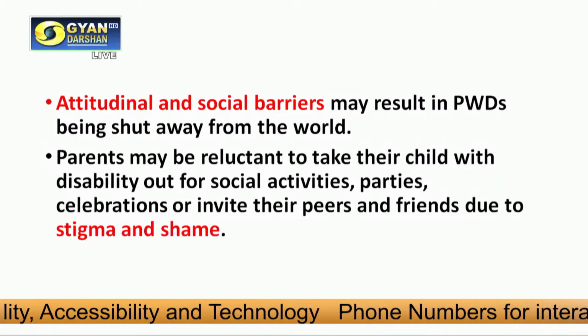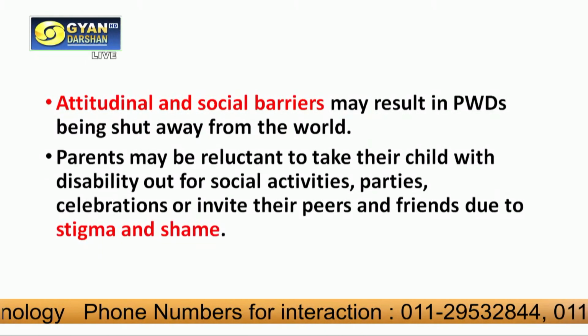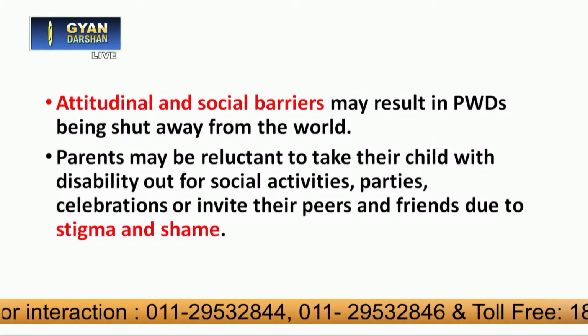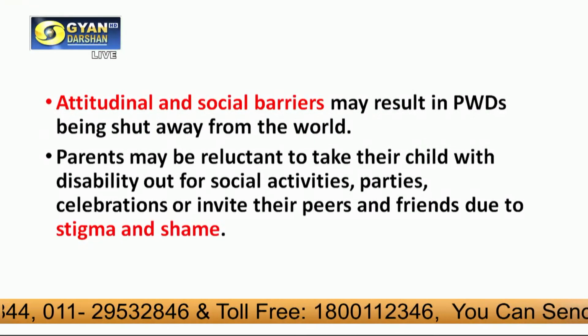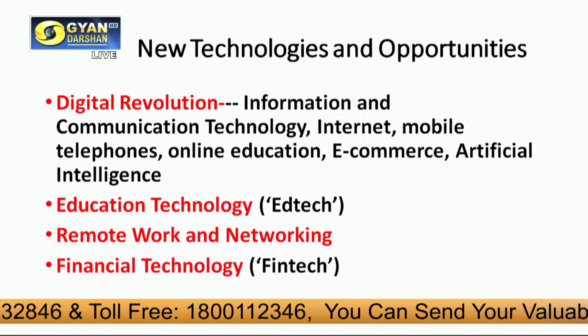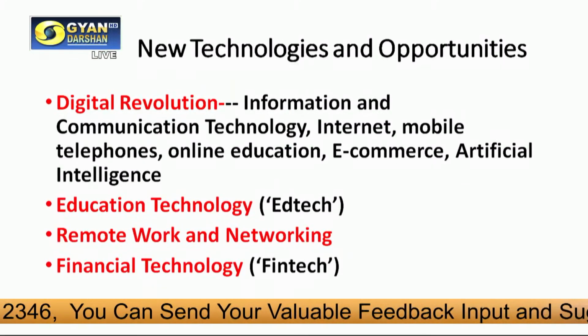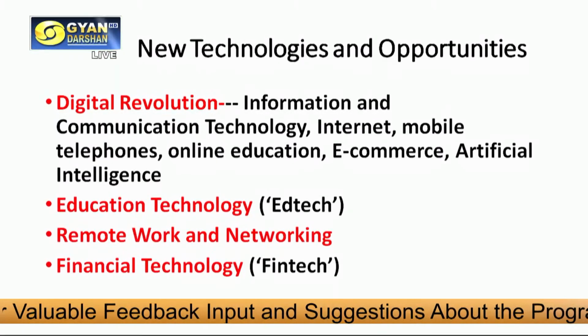And this is very unfortunate because it results in the child feeling excluded and the child also internalizing this stigma. So it is very important for all of us to create an environment where persons with disabilities are welcomed, where spaces are available for them to freely enjoy and participate in the same way as anybody else in society.